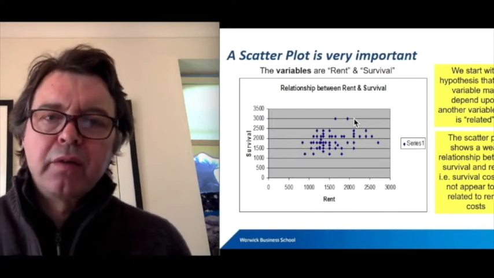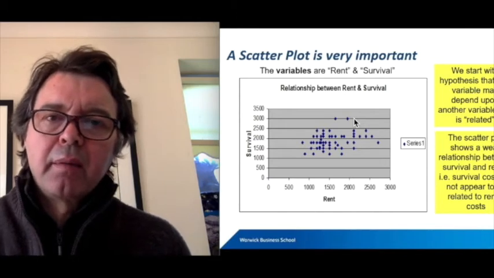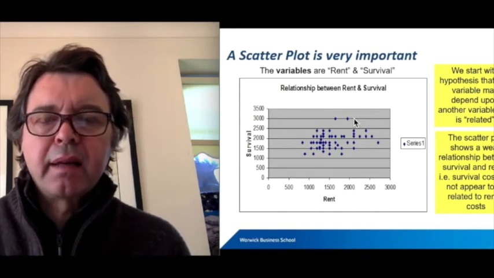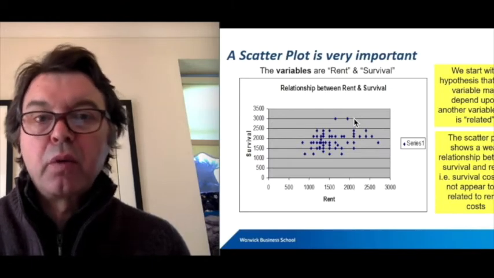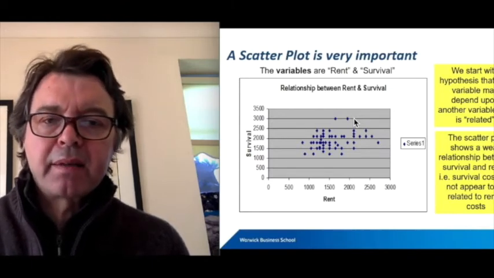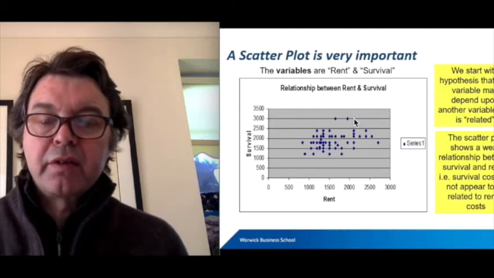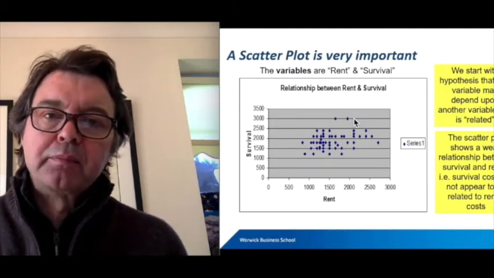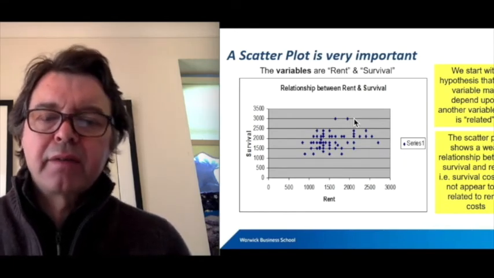So universities with high rent costs might be indicating that the cost of living at those universities would also be high. So we might expect to see a positive relationship there, where universities with high rent would have higher survival costs.